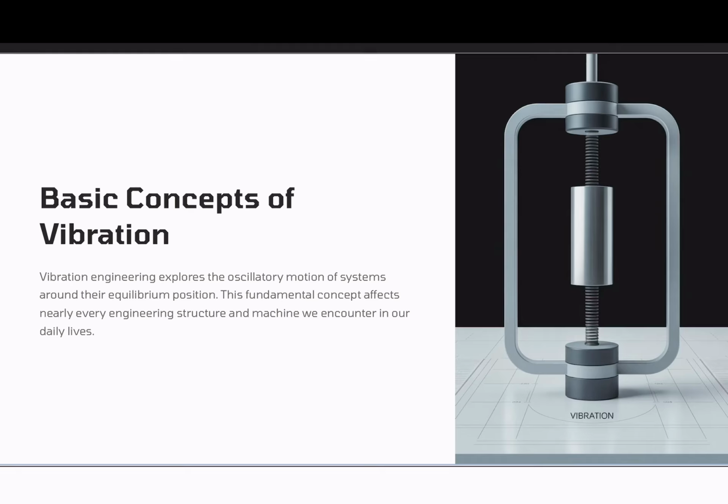On the other hand, vibration can be useful, used in medical applications like ultrasound machines. That means vibration can be harmful and useful. And our job, as engineers, is to analyze and control the vibration.